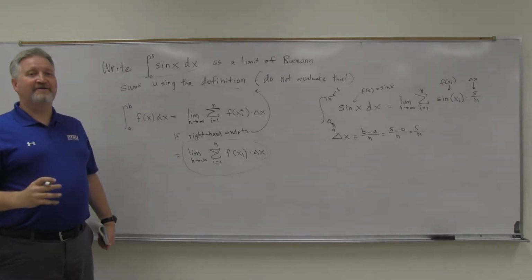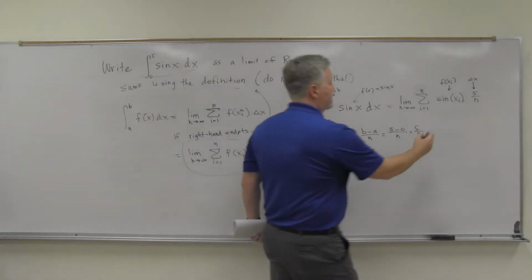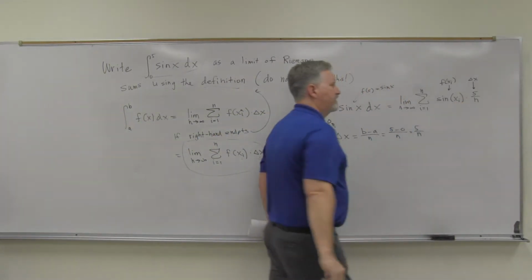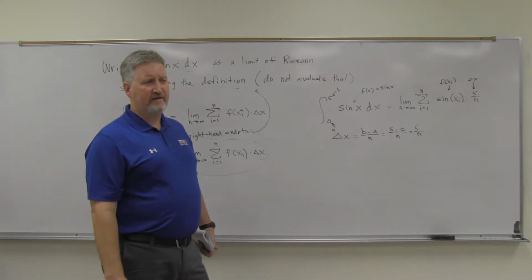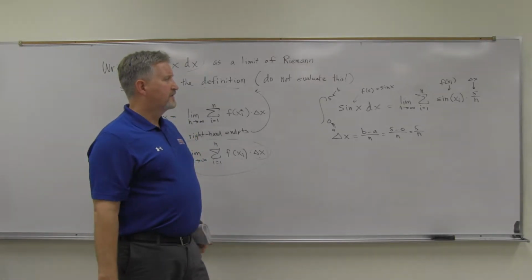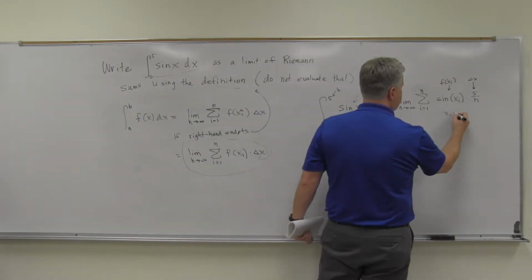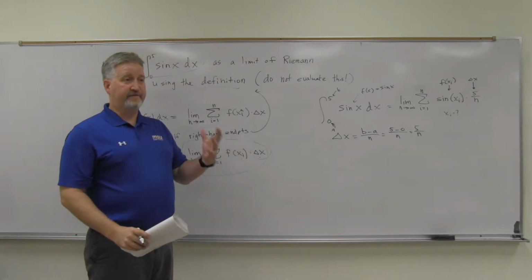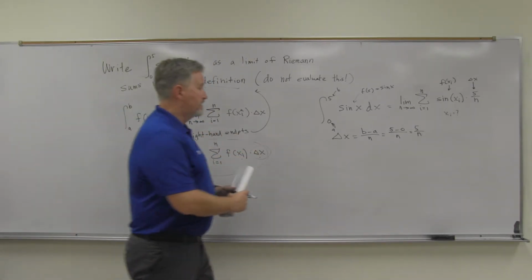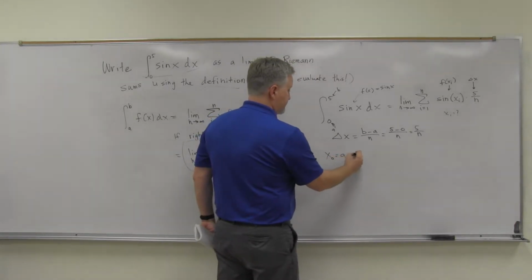Now, that's a good start, but they want us to do a little bit more here. Is there something I could use in place of x sub i? Let's start out by writing out the x sub i. x sub 0, start there, that's just a, which is 0.